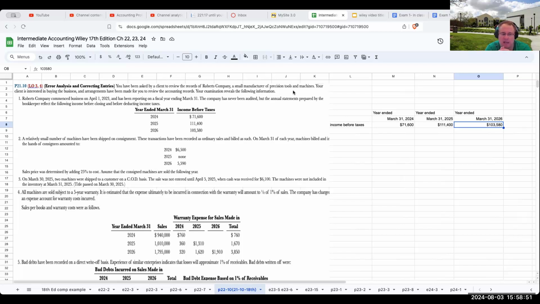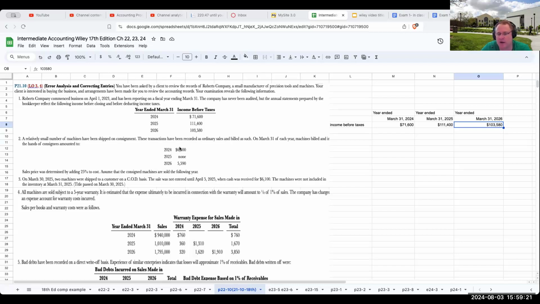Machines billed and in the hands of consignees amounted to 6,500 in 2024, in 2025 there were none, and then 2026 is 5,590. So on March 31st of each year, machines billed and in the hands of consignees. And then it basically says assume the consignment machines are sold the following year.